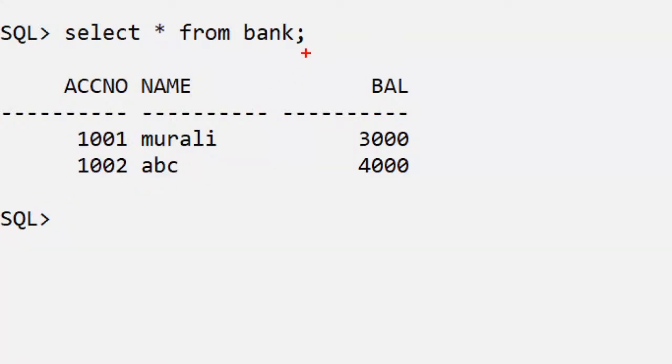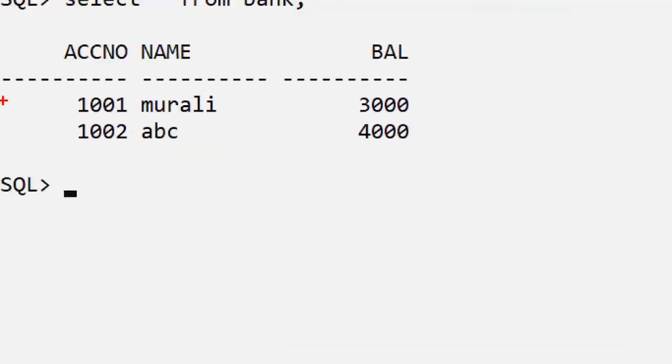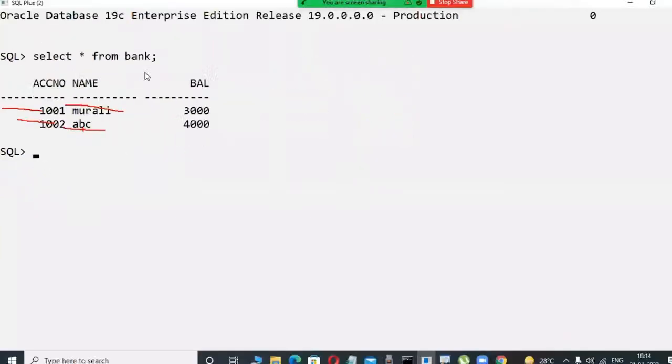Suppose this is the SBI bank data. Observe here, these are columns: account number, name, and balance. These are called columns. Here, 1001 and so on, these are called rows or data.